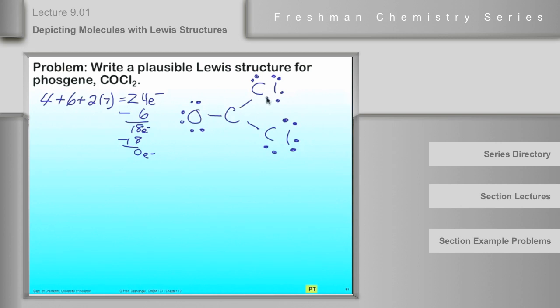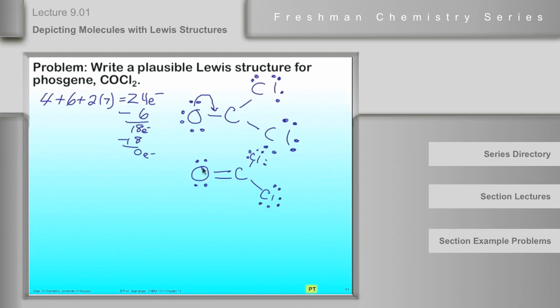Chlorine, as in HCl, typically forms 1 covalent bond, so it might not make sense to make a carbon-chlorine double bond. On the other hand, oxygen typically likes 2 bonds, and we could anticipate that and take a lone pair of electrons from the oxygen. If we did that, we would make a double bond between oxygen and carbon, and keep our carbon-chlorine single bonds, both of them.